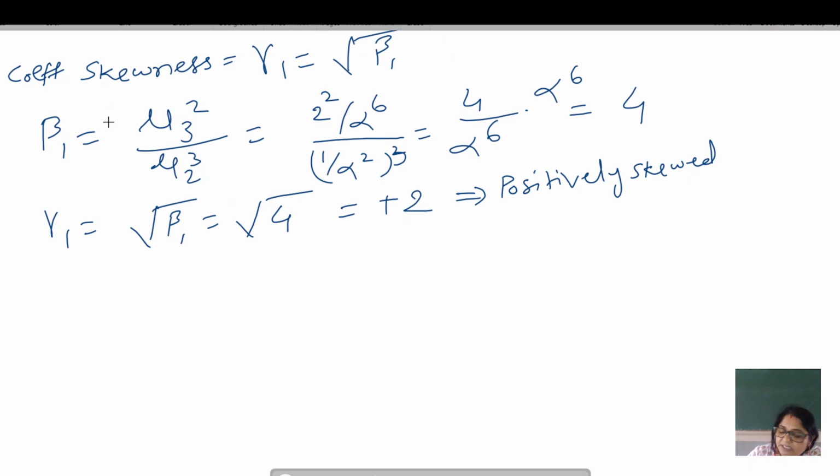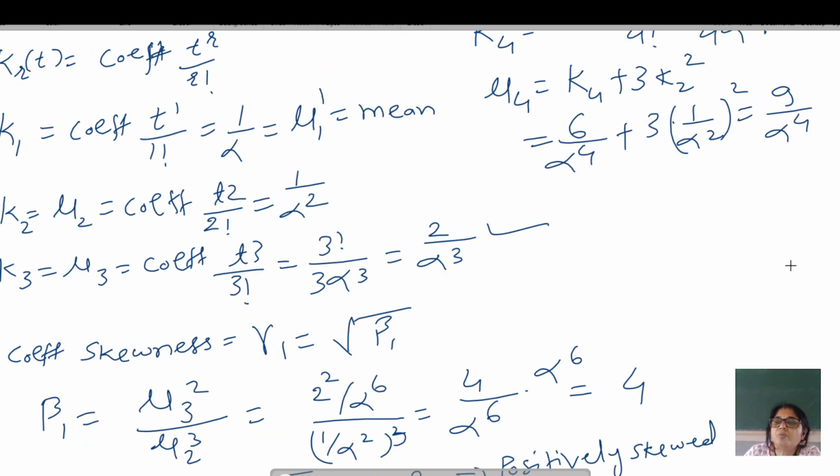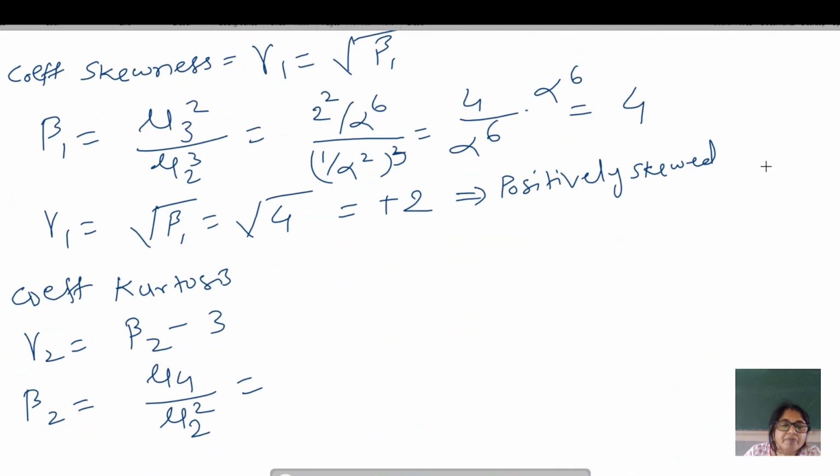The coefficient of kurtosis is given by gamma 2 is equal to beta 2 minus 3. And beta 2 we can find by using mu 4 upon mu 2 square. And mu 4 we have calculated, how much? It is 9 by alpha to the power 4.